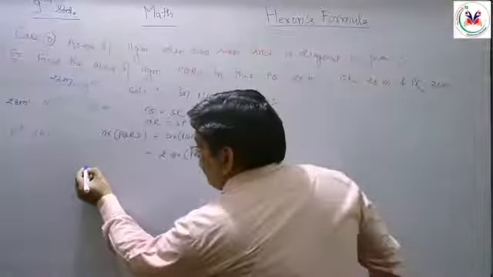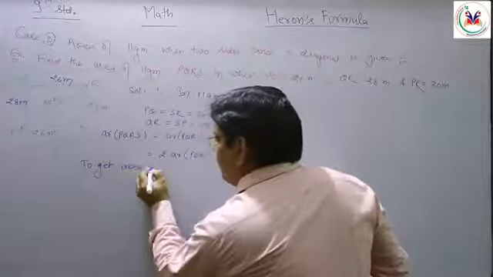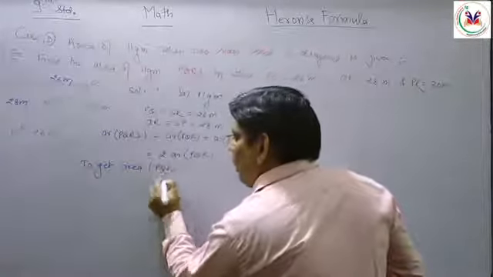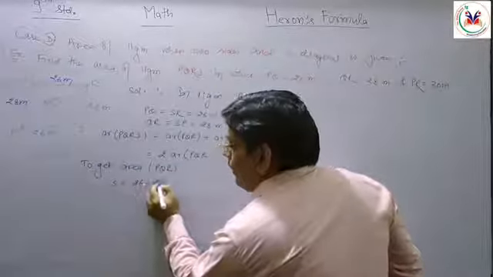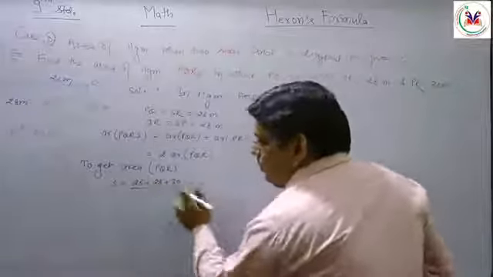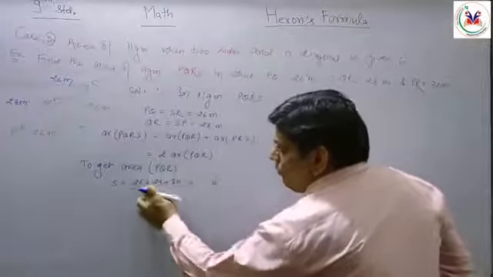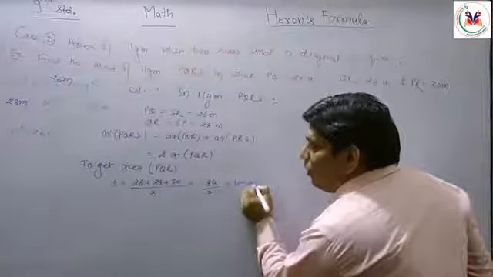Now to get the area of PQR, first we will find s. 26, 28 and 30 divided by 2. 6 and 4 is 14, carry 1, 3 and 2 is 5, 5, 3, 8 divided by 2, that is 42 meter.